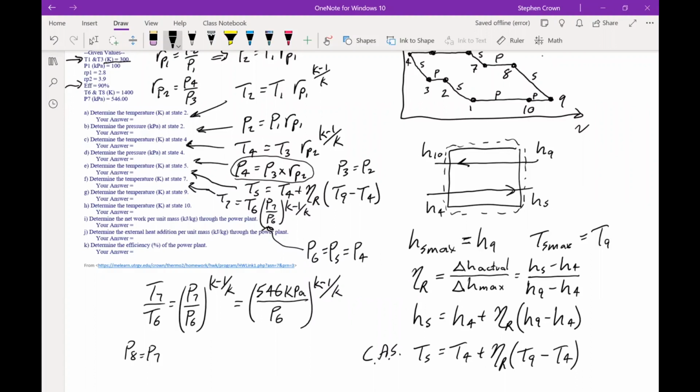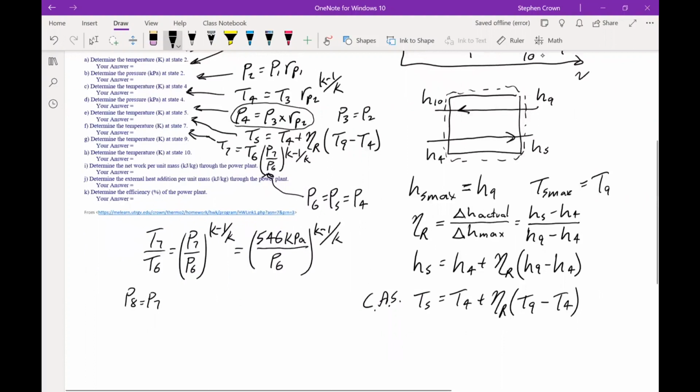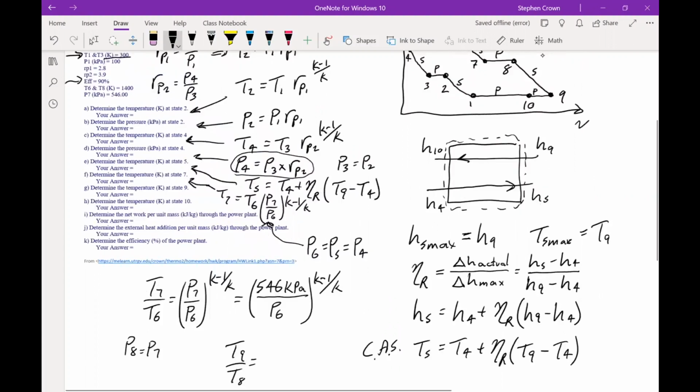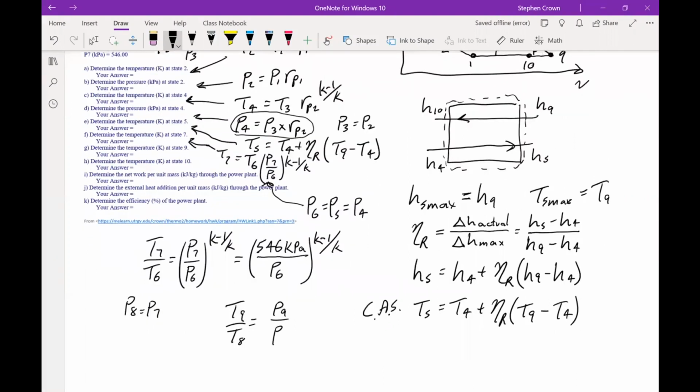So T9 over T8 equals P9 over P8 to the K minus 1 over K. And here, pressure 8 is the same as pressure 7.